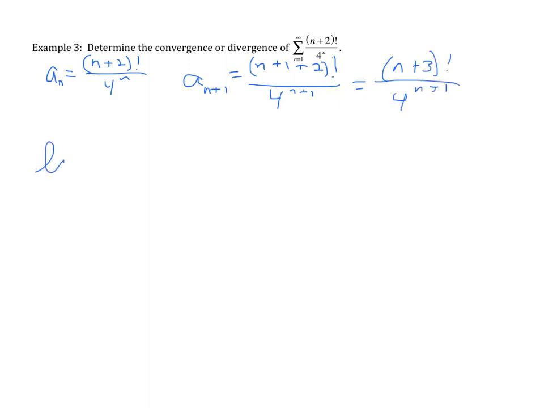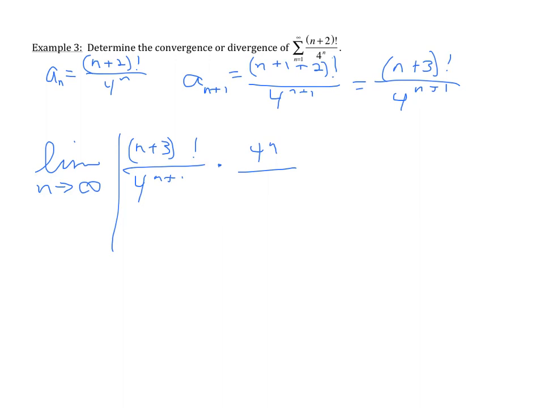All right, the limit as n goes to infinity of the absolute value of n plus 3 factorial over 4 to the n plus 1 times 4 to the n over n plus 2 factorial, being careful to take the reciprocal of that second term there, the a sub n.